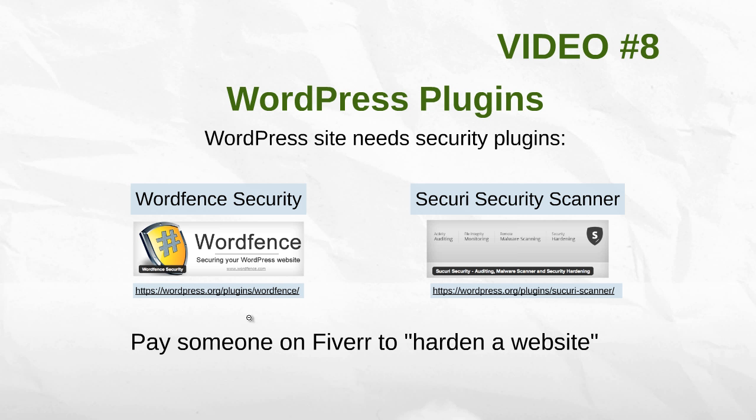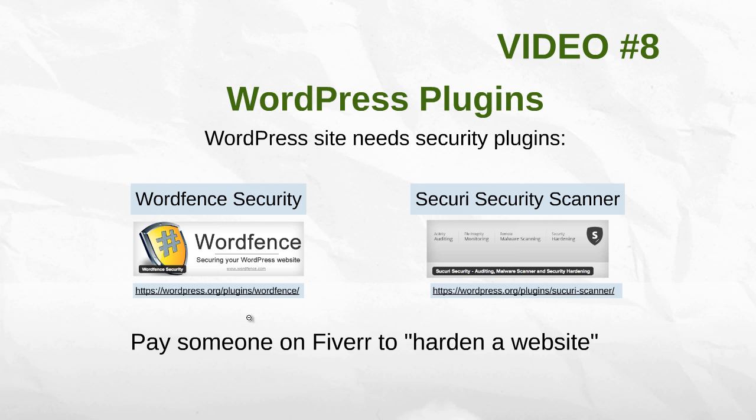Another thing you can do is you have to realize that even though you install things, it doesn't necessarily mean that it is secure. You still have to set the settings and things like that. So what I recommend that you do is hop on over to a website called Fiverr.com, and simply type in the keywords harden a website or harden a WordPress site, harden WordPress.